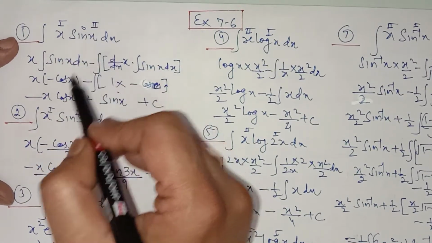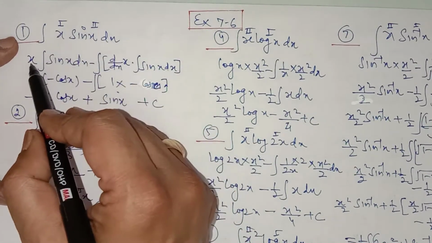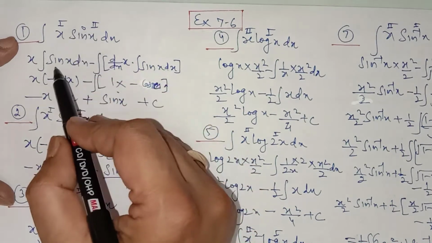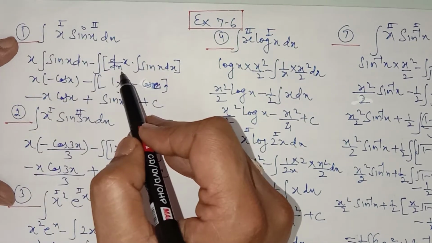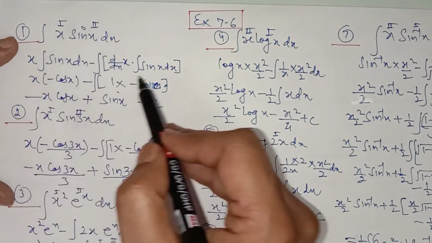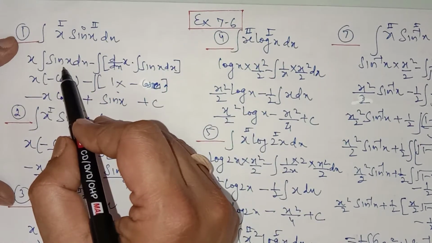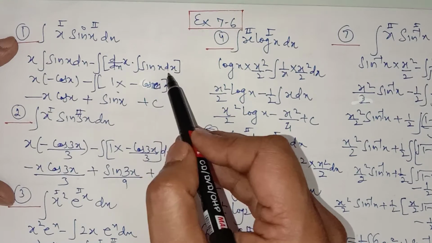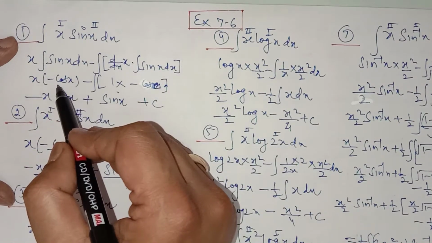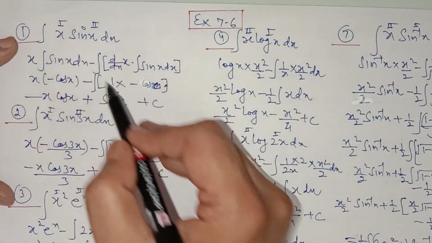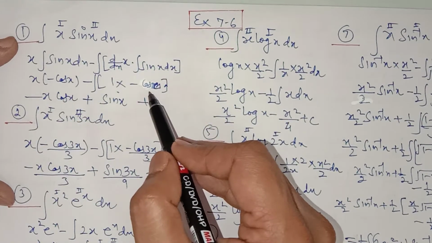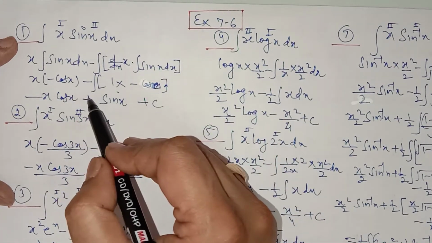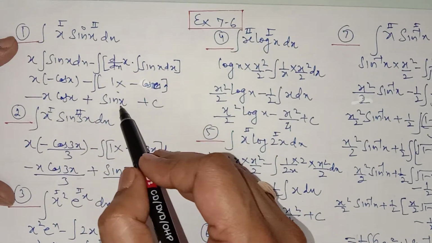Now the integral is: you have to write the first function as it is, times the integration of the second, minus the derivative of the first into the integral of the second function. The integral of sin x is minus cos x, minus the derivative of the first function, which is 1, and the integral of sin x you have already done, which is minus cos x. Multiplied, it will become plus, and the integral of cos x is sin x plus c.